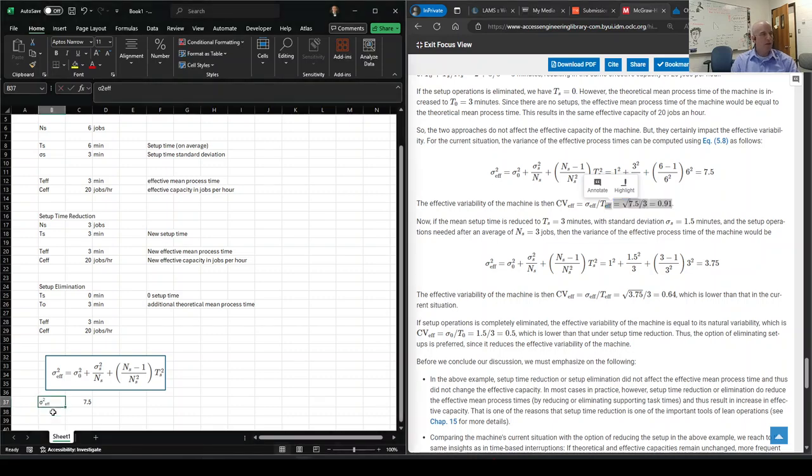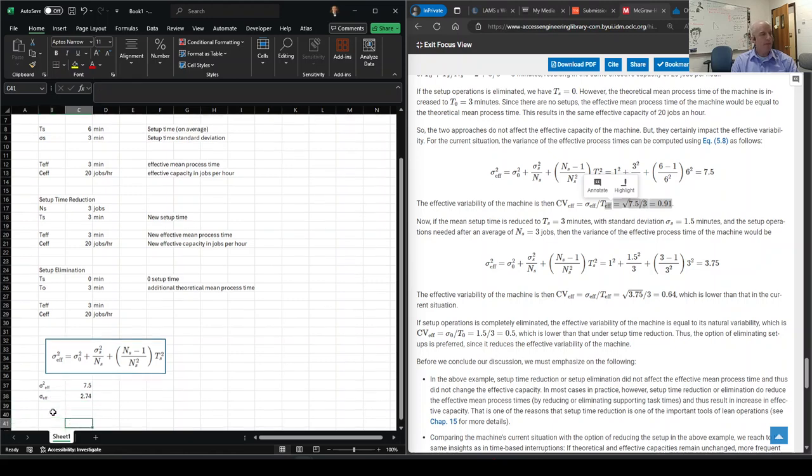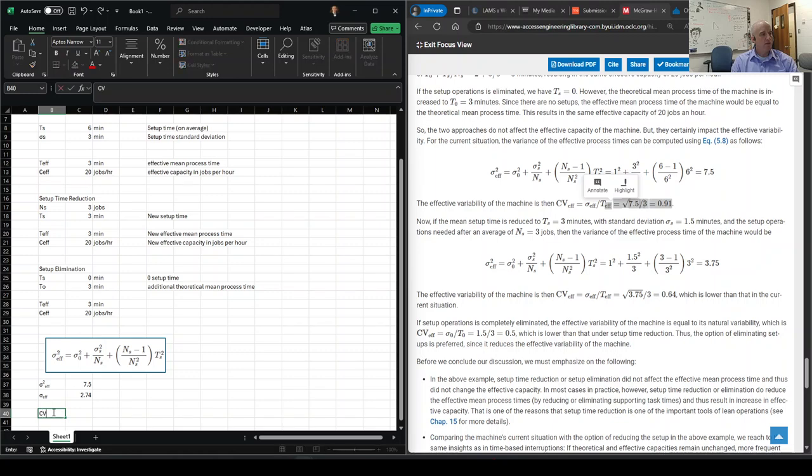Let me go ahead and do this guy. I'll copy this down, and we'll take out the squared. So we'll do the square root of the 7.5. And then we'll do the CV, the coefficient of variation. And this is for the effective process time, equal to standard deviation divided by the mean.